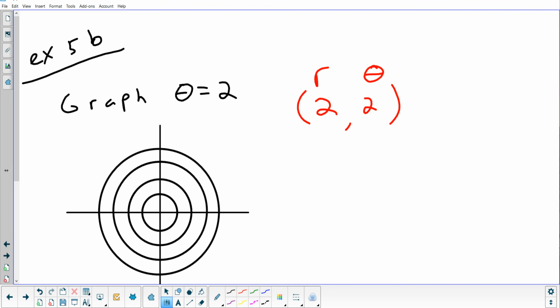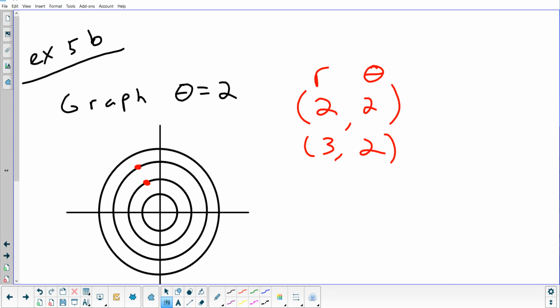That's right, 2, and then go around a little more than 90. Okay, there's 1. Can someone give me another point? Just make sure theta is always 2. You can let r be anything you want, but please fit it on the graph. Yep, 3, comma what? 2. So that would be 1, 2, 3, 114 degrees.